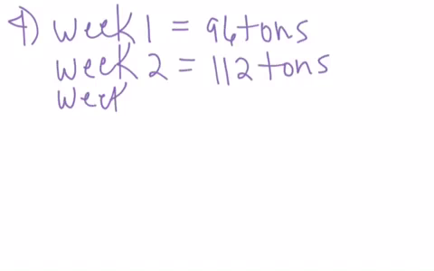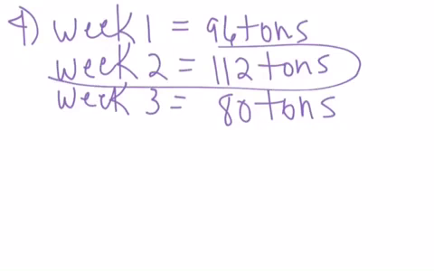Week 3 is 32 plus 24 plus 24, which is 80 tons. And it says which week was the largest. That would have to be week 2. You should be able to do practice 3.5 at this time.